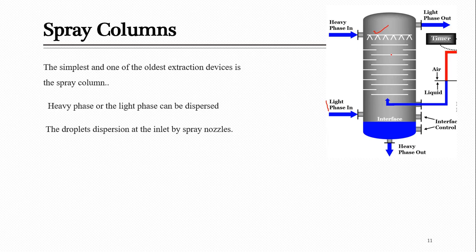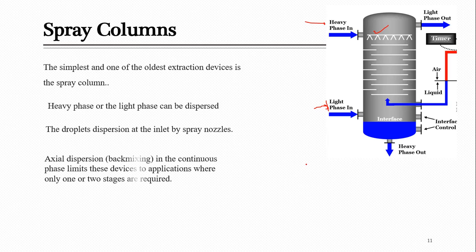I'm just considering, for example, that this is the solvent and this is my feed which contains more than one component. So this will have good affinity for a few components of the feed, so it will take them away with it, but some will still stay inside the heavy stream and leave from here. Due to this, they are sometimes used for those applications in which we are just looking for a very small separation, like only one or two stages are required, as mentioned here.